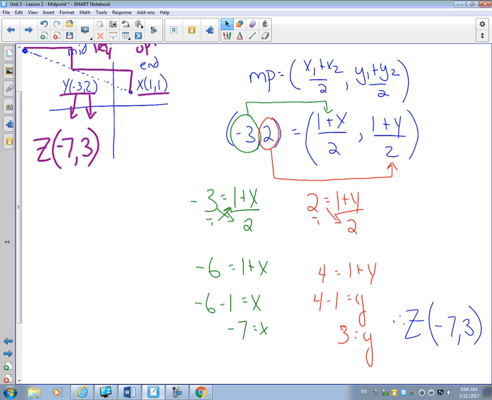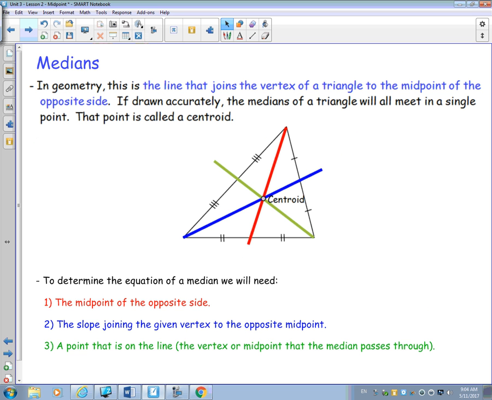Idea number two, something we call a median. There's a bit of writing here, so maybe you printed off the lessons you can look at. We'll talk about it as we go through it. But a median is a line that joins a vertex of a triangle, so a vertex is the point, the corner of it, to the midpoint of the opposite side.